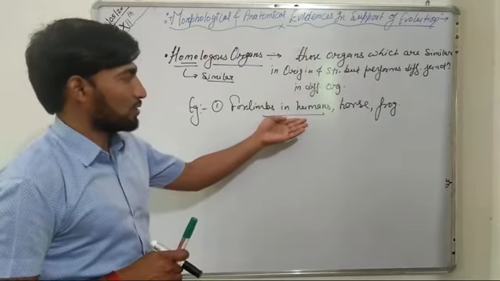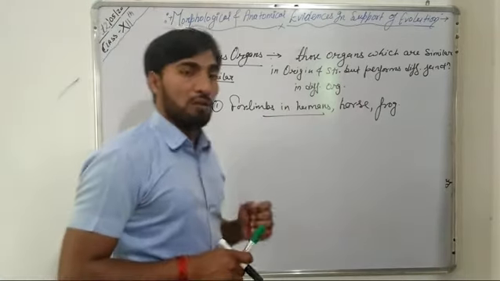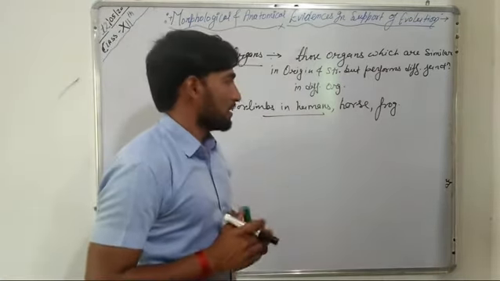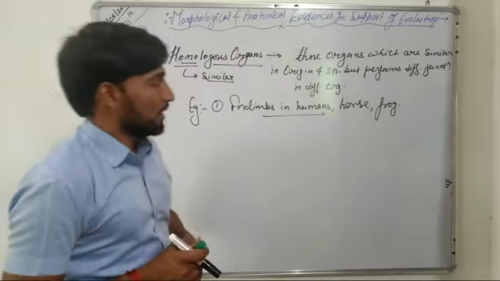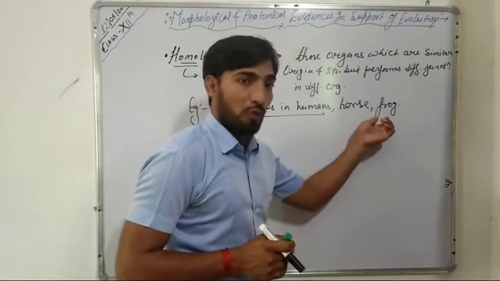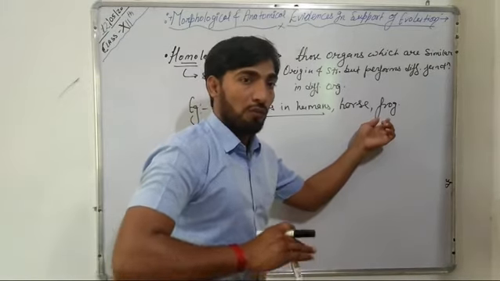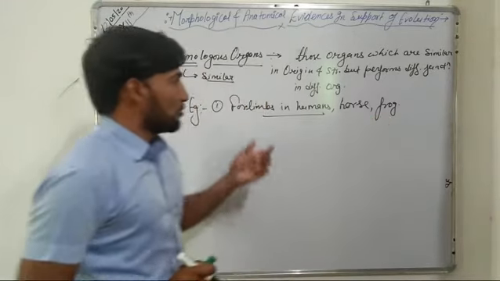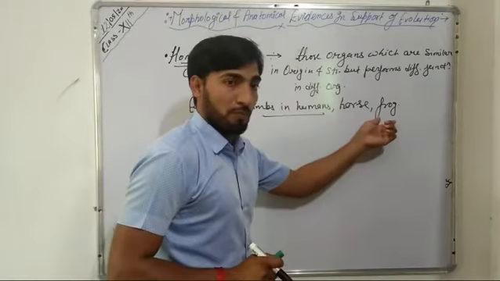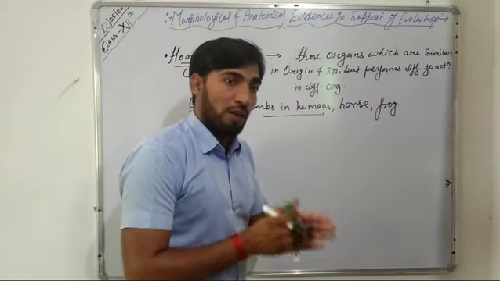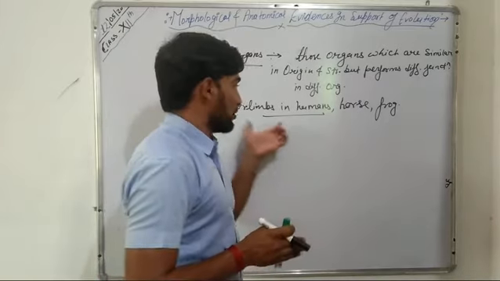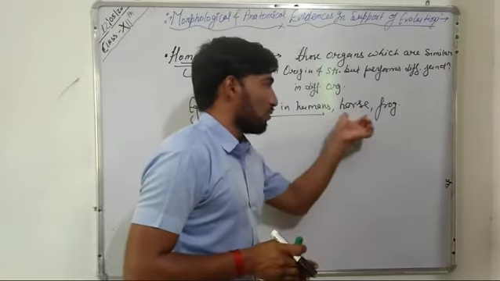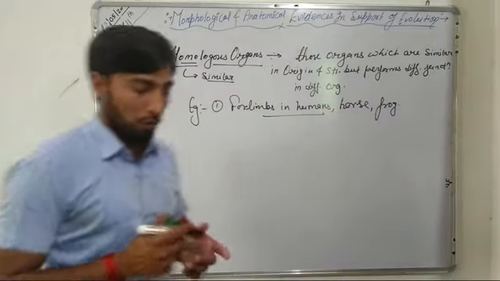In human beings, the forelimbs are used for grasping. In the horse, the forelimbs are used for running, and in the frog, the forelimbs are used to move the front portion of the body. So though they have similar structure and origin, they perform different functions. So the forelimbs of human beings, horse and frog are homologous organs.